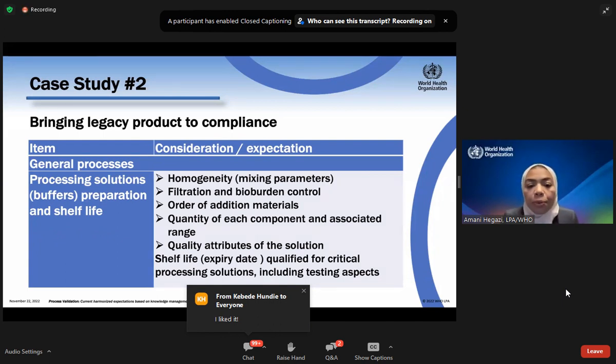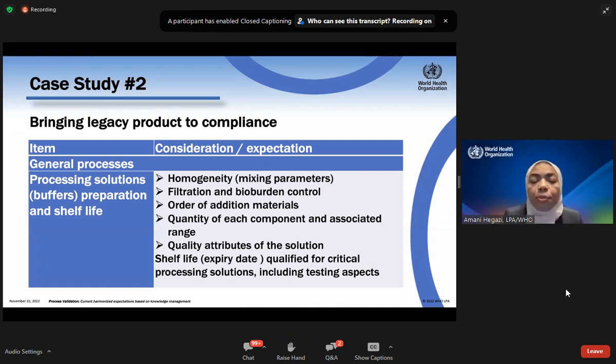For processing solutions like buffers and media, the preparation processes are assessed, mixing parameters are established, the homogeneity of the prepared solution is demonstrated, the filtration and bioburden control measures are established and well implemented, and monitoring for the bioburden in case of critical is established.